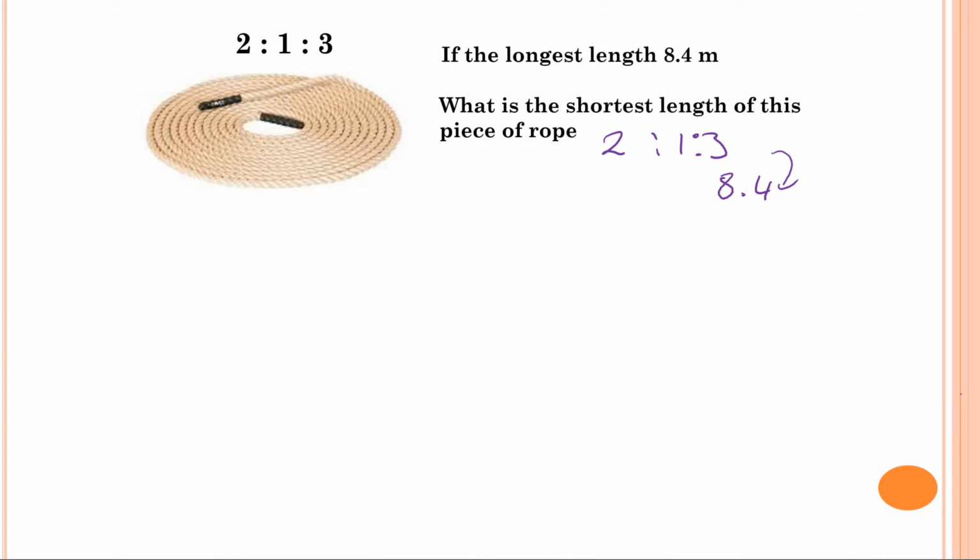In other words, from 3 to 8.4, you need to times by 2.8. Now, because I times by 2.8, every single one of these, 1, 2, 3, I need to times by 2.8. So 1 times 2.8 is 2.8. You see? And 2 times 2.8 is 5.6. That's all. So that's what that means.